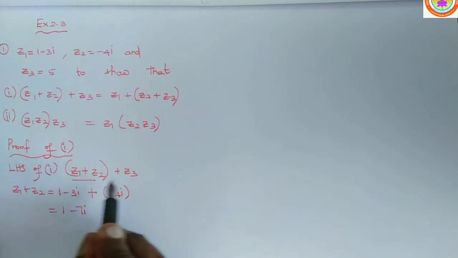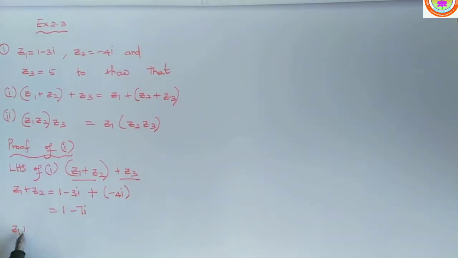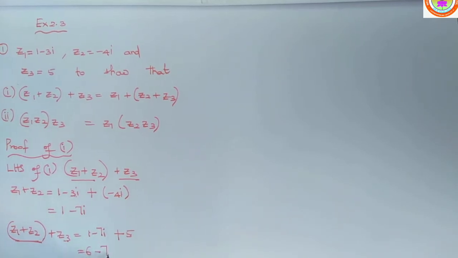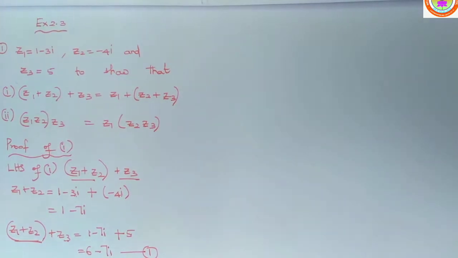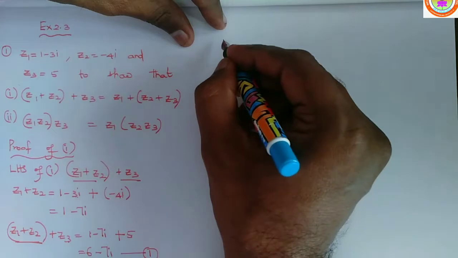Now we need to add this one and this one: Z1 plus Z2 is 1 minus 7i, plus Z3 which is 5. Real and real, 1 plus 5 is 6. There is no imaginary to add, so write it as it is: 6 minus 7i. Keep it as equation 1. The LHS we have finished.